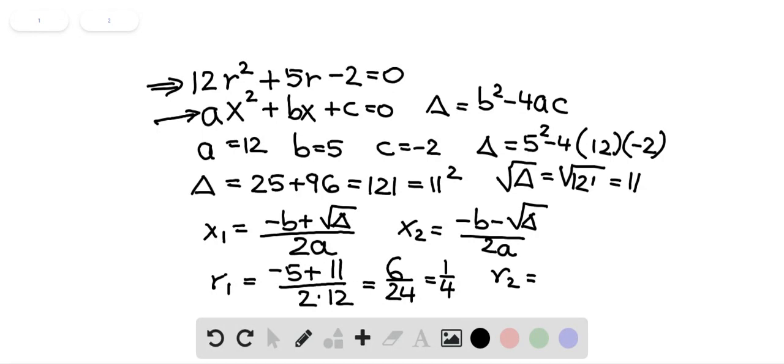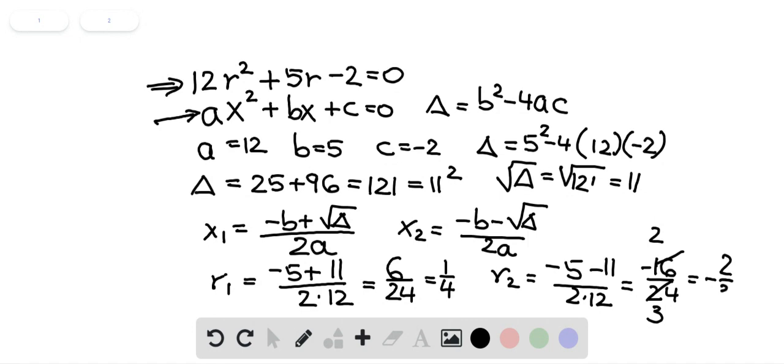R2, our second root, will be negative 5 minus 11 over 2 times 12, which is equal to negative 16 over 24. We divide both by 8, we get 2 and 3, it's negative 2/3.